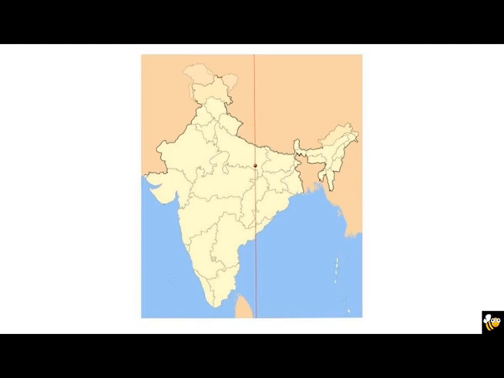Let's take the case of India. There is a difference of about 1 hour and 45 minutes in the local times of Dwarka in Gujarat and Dibrugarh in Assam.